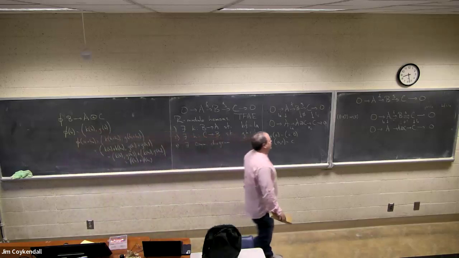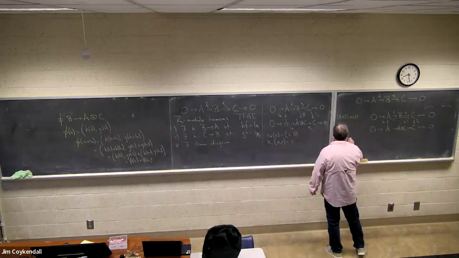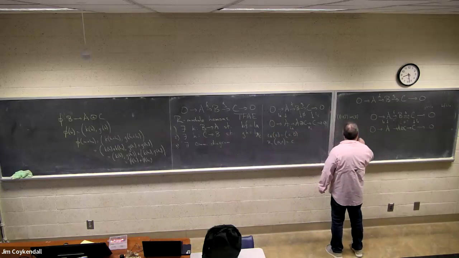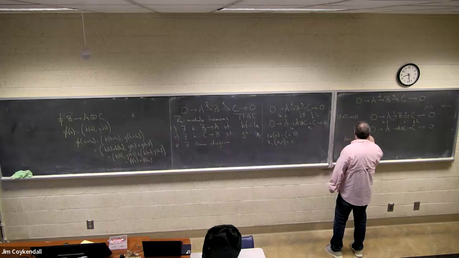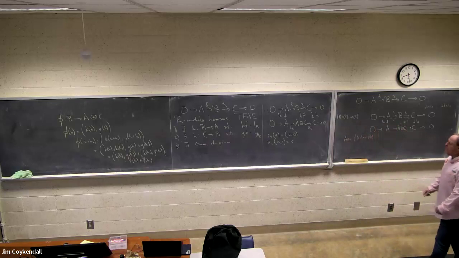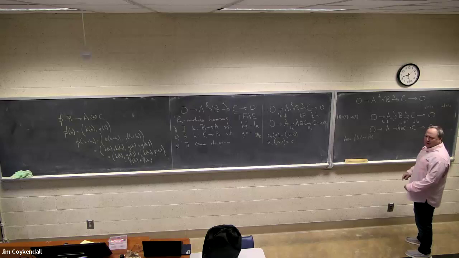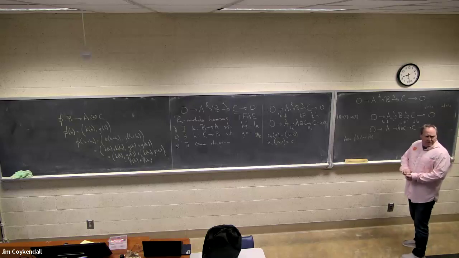And similarly, that's even easier to verify. So what do we have? We have this phi from here to here that's an R-module homomorphism. I also put in that the diagram commutes.